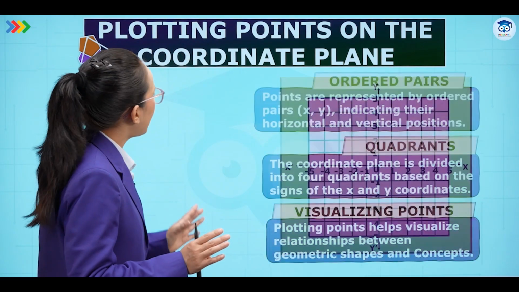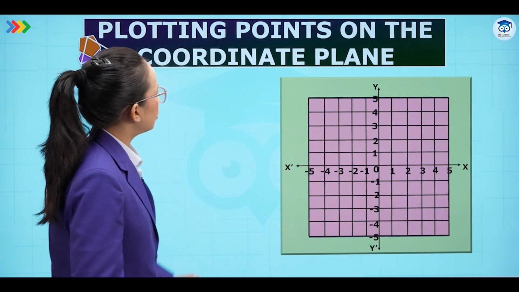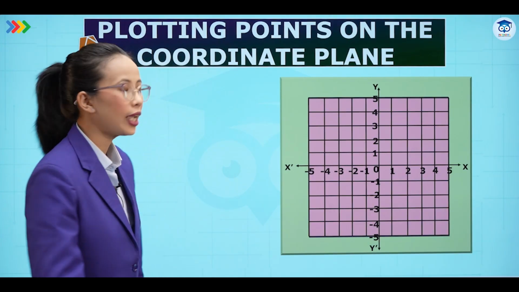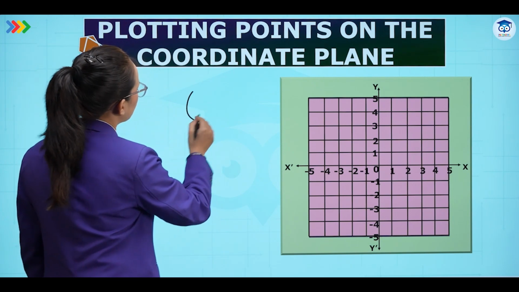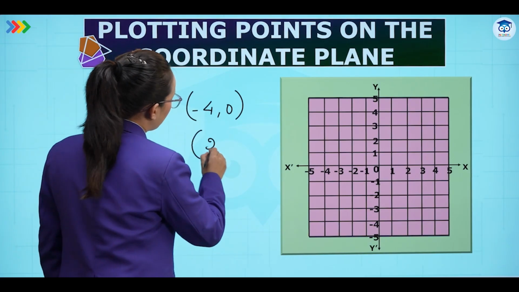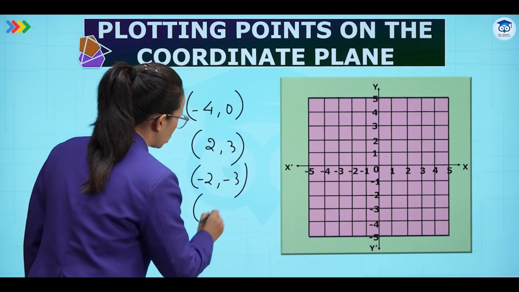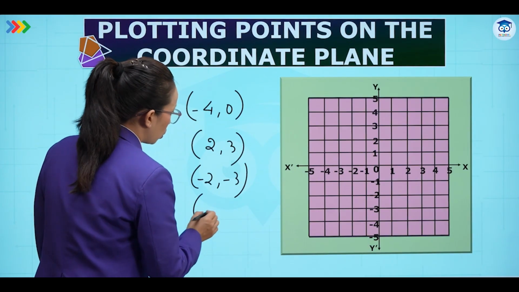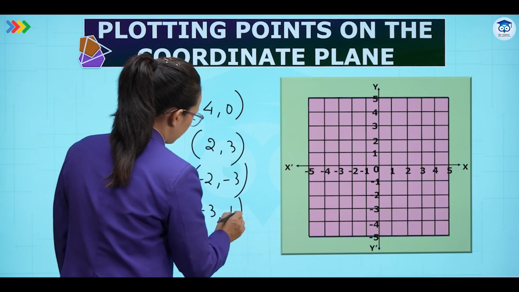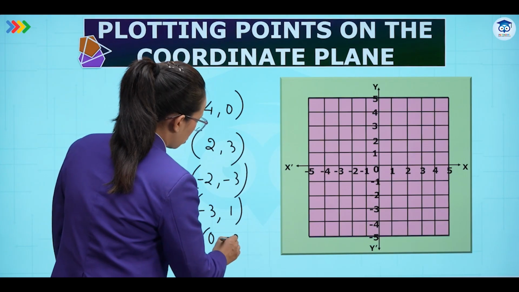Next, this is a Cartesian plane, right? So let us learn how to plot a point. Let us consider a few points. Suppose -4, 0, right? 2, 3, -2, -3, right? And -3, 1, and then 0, -2 like this.